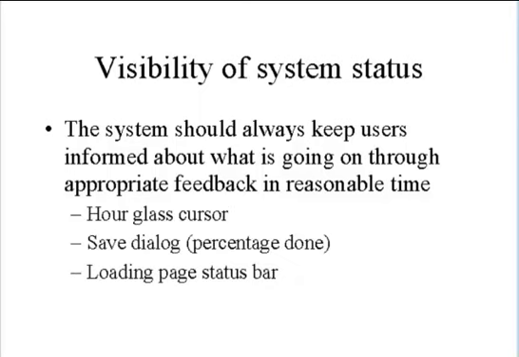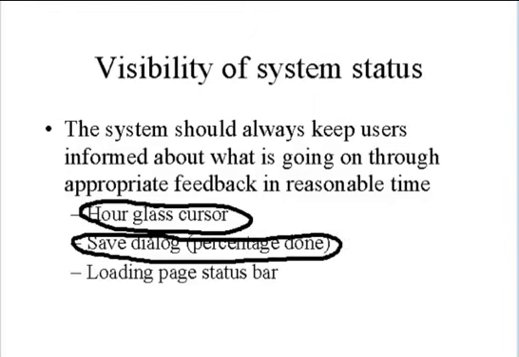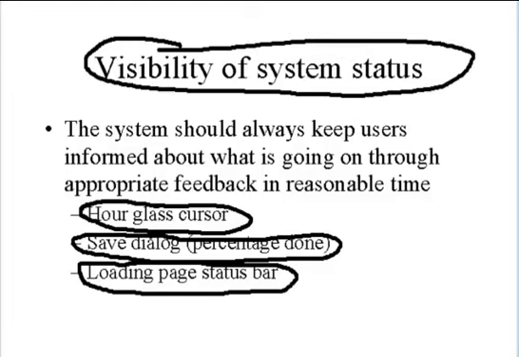So, just summing up, the really good examples of visibility of system status are things like the hourglass cursor, which indicates that the system is not usable at that time, the percentage downloaded in the save dialog, and for example, the status bar of Internet Explorer when it's putting all the elements into place on the page, the loading page status bar. These are all examples of visibility of system status.